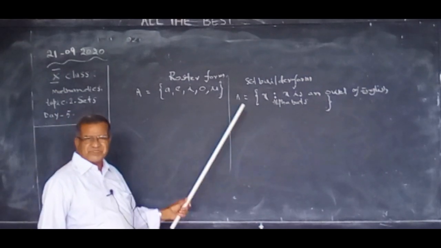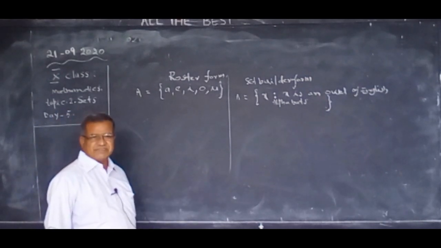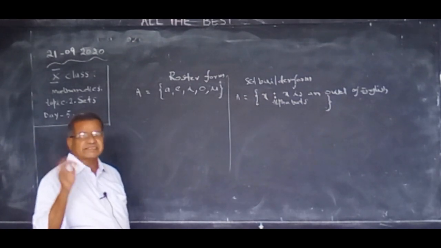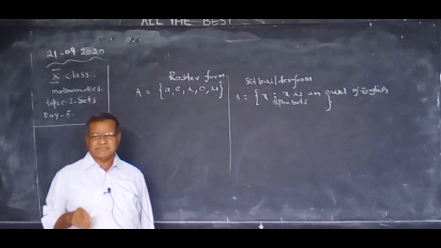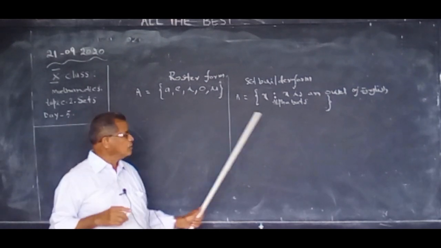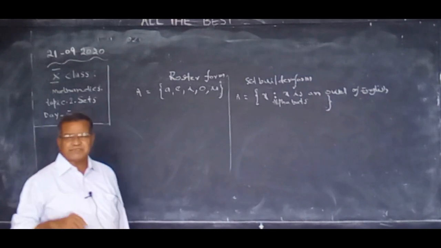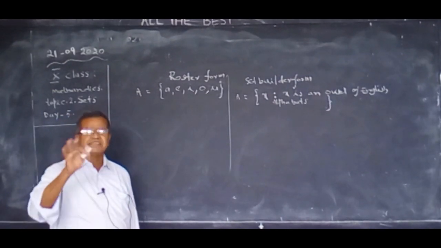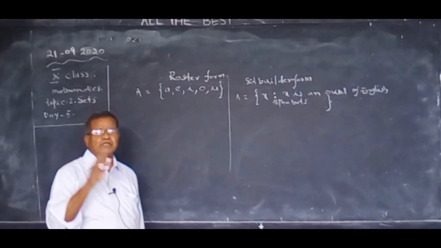There are 12 types. One is the empty set, or null set, or void set. These are synonyms. Empty set means, as the name says, a set that has no elements.